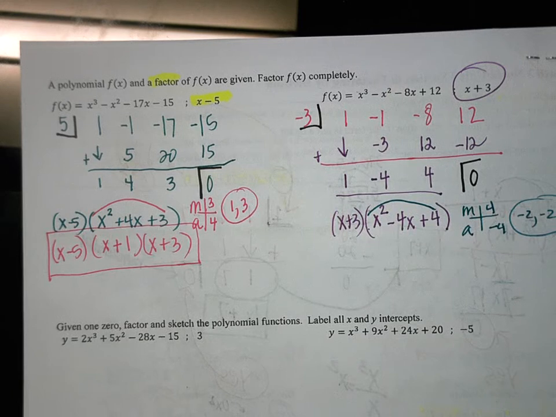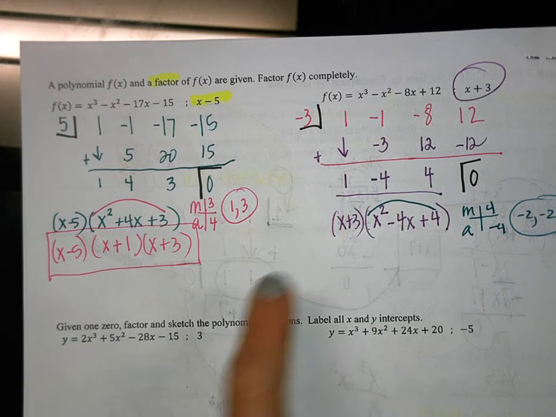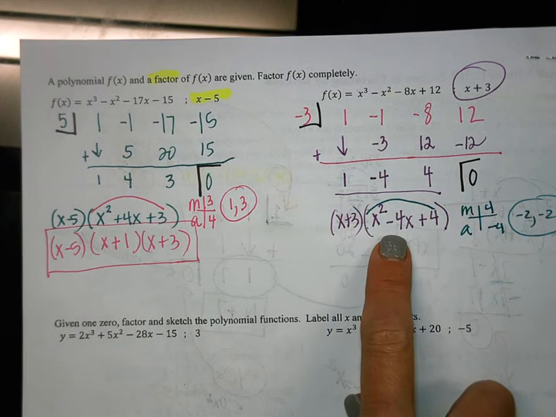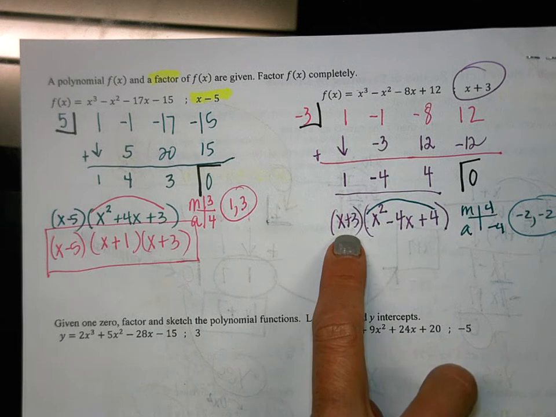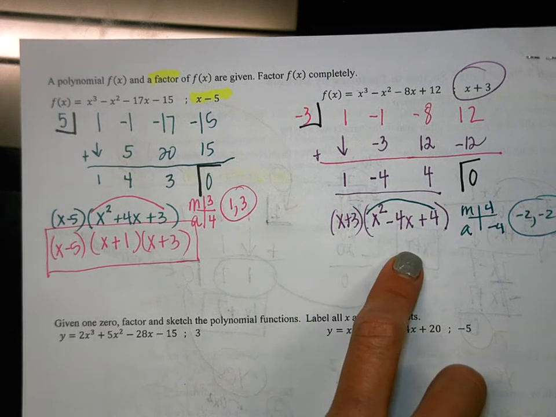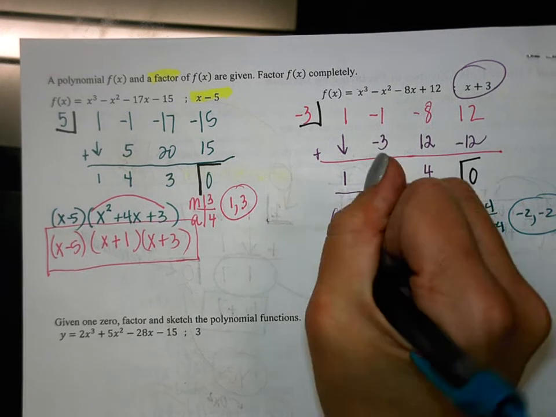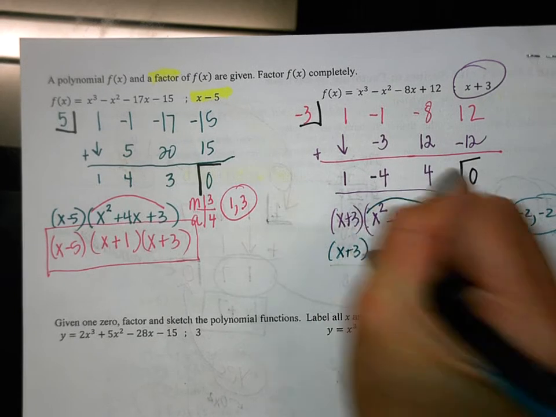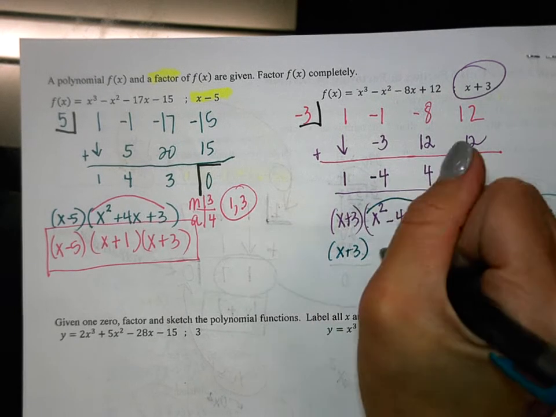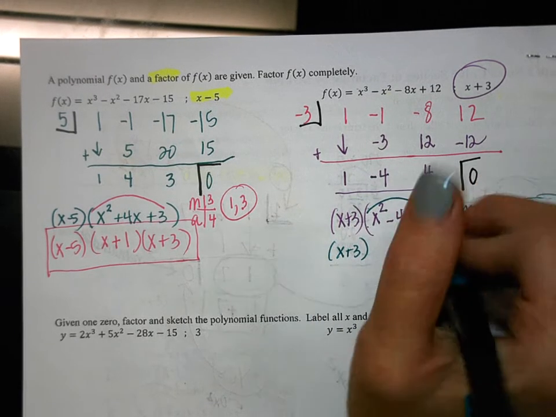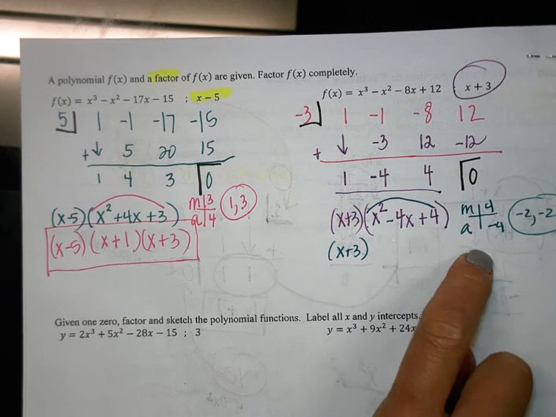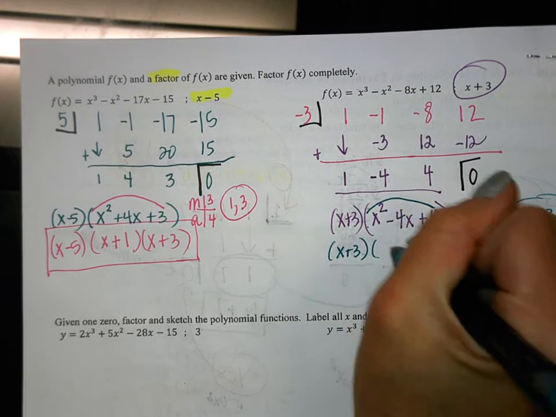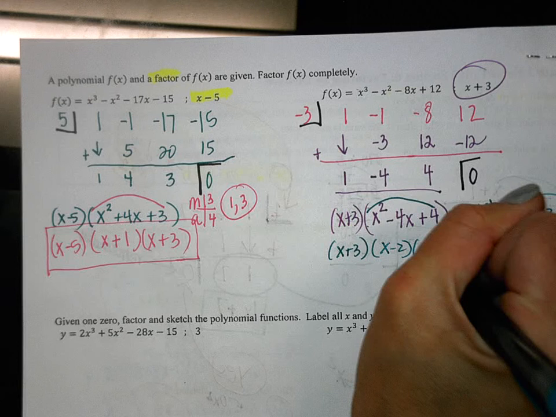Okay, so you know how you write out here x plus 3 and then x minus 2 and then x minus 2? For the next one, can you group them together? Yes. That's what you have to do. Very good. So my two parentheses are going to be x minus 2 and x minus 2.